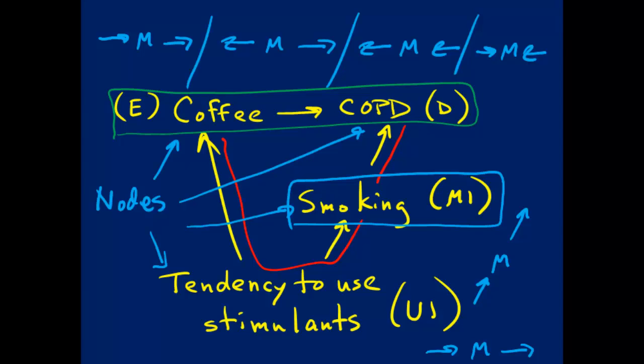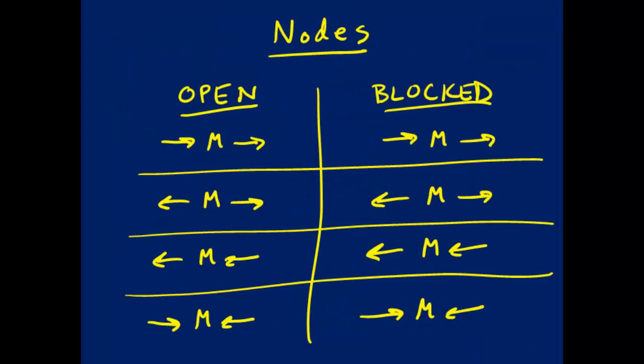So let's look at each of these individually and learn about how a node which has each of these structures can be open or blocked. So if we look at this chart, we can see the principles about opening or blocking a particular node on a backdoor path.